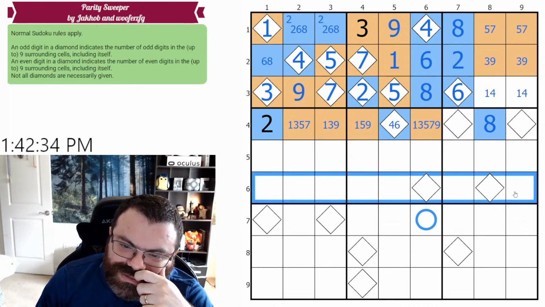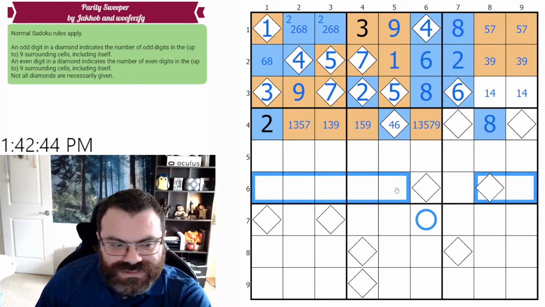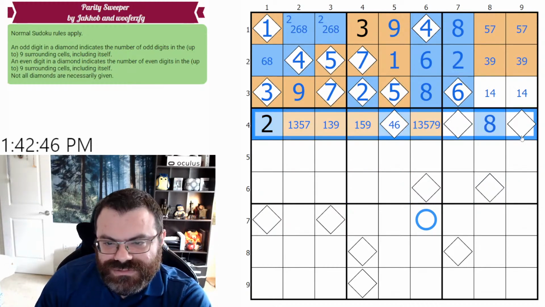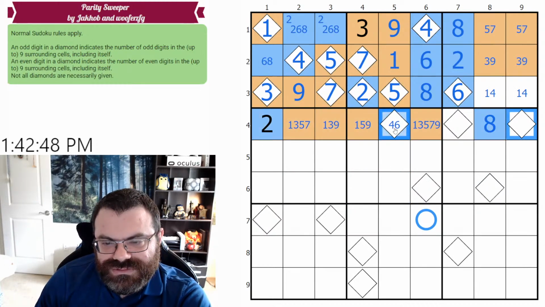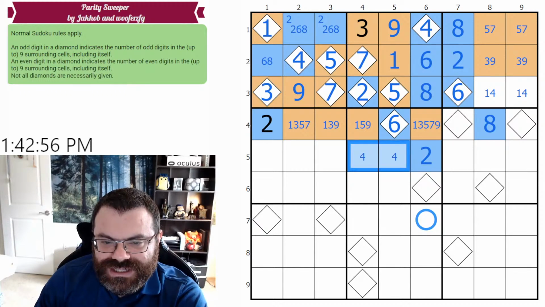6 in row 6. I don't get it. 6 in row 4. Oh, this can't be a 6. This can't be a 6. This is the 6 in the row. These are all even. That does make this a 2 and makes Zeta very sad.